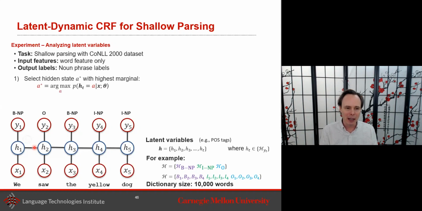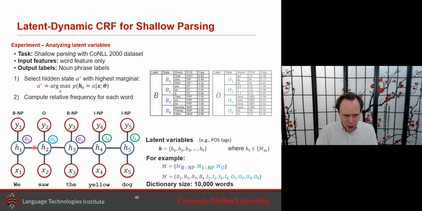And when you do it on real data and you learn a model with this, and then you look at these predicted hidden states, it's really interesting because you see that effectively the text ended up being clustered. You never told it that B1 should be about a specific part of speech tag, but it naturally clustered it for you.